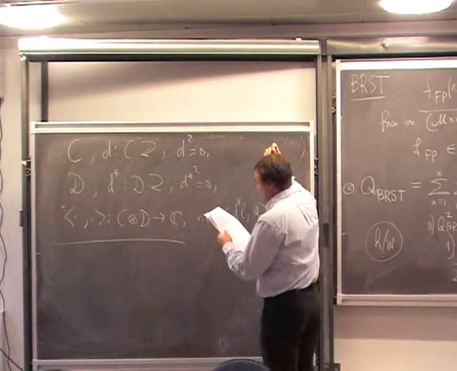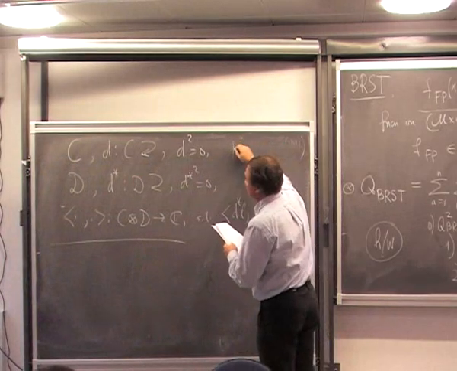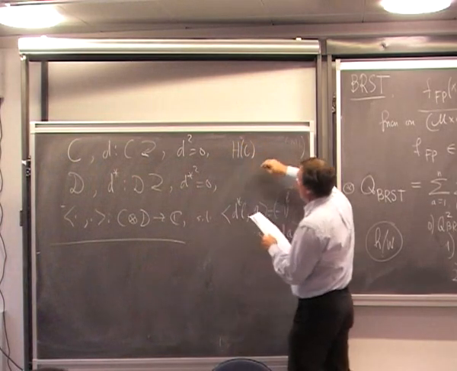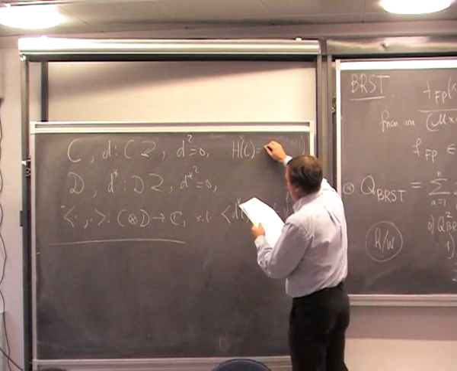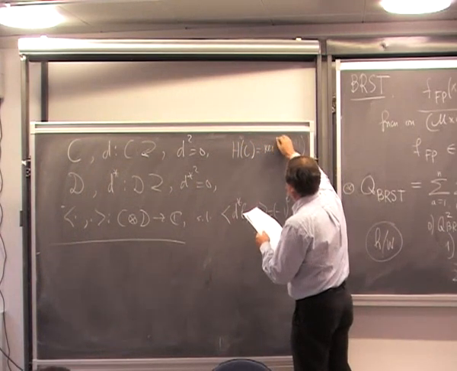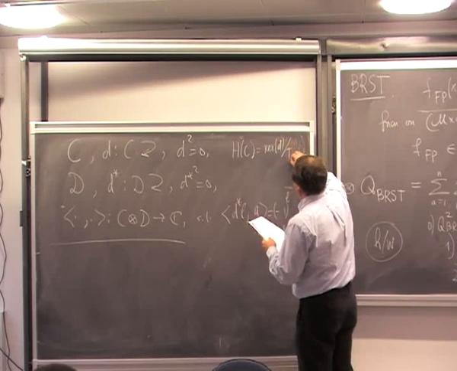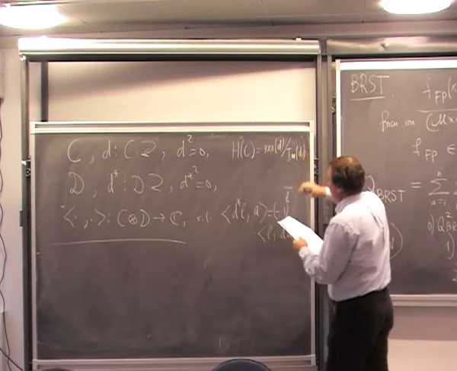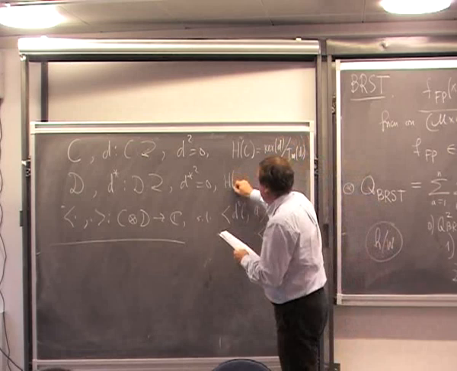So here we have the cohomologies of C, which is the kernel of d over the image of d, and same here.